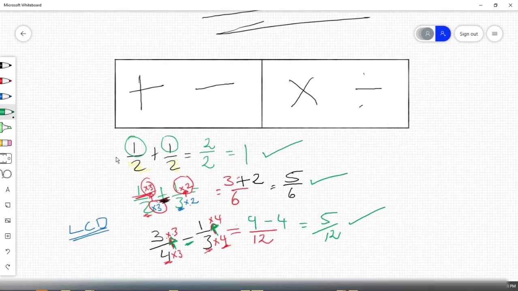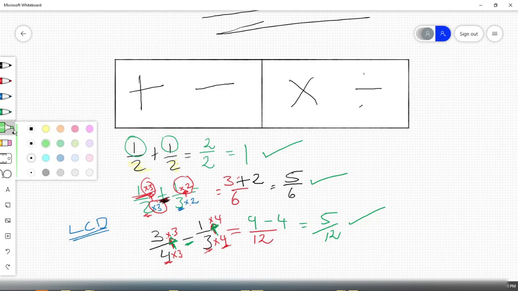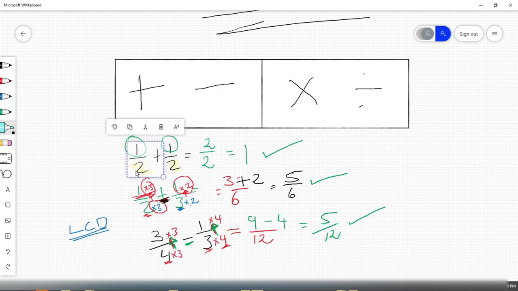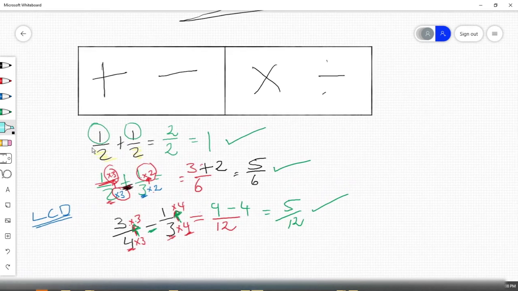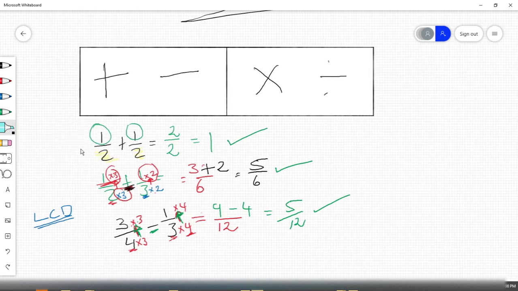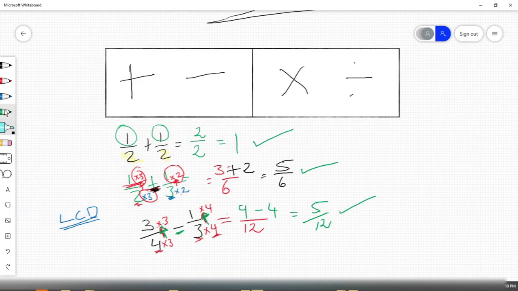So the first step is basically to see if the denominators are the same. If the denominators are the same, like in this case, you just add the numerators.